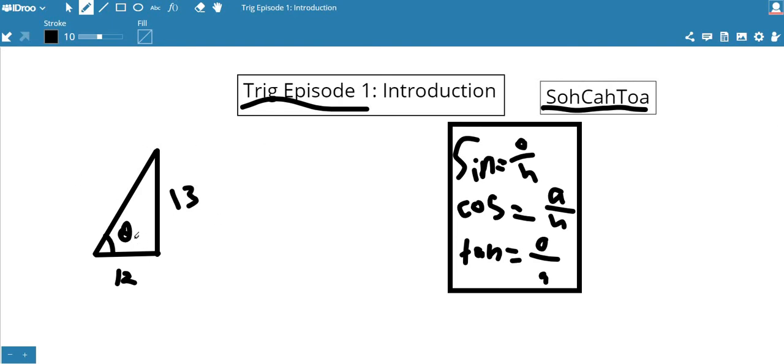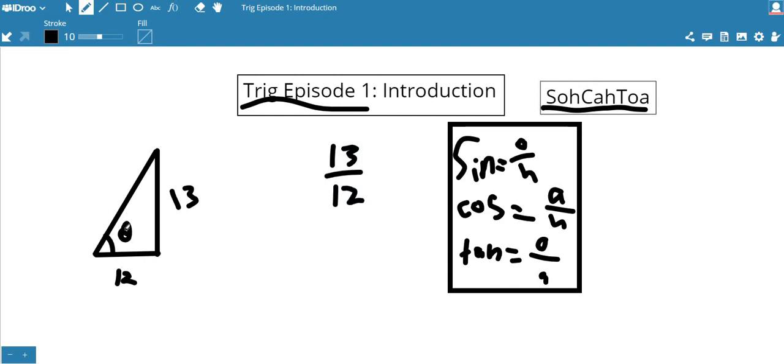Cosine is adjacent over hypotenuse, but we still don't know what the hypotenuse is. But tangent is opposite over adjacent. So I think we should do opposite, which is 13, over 12.